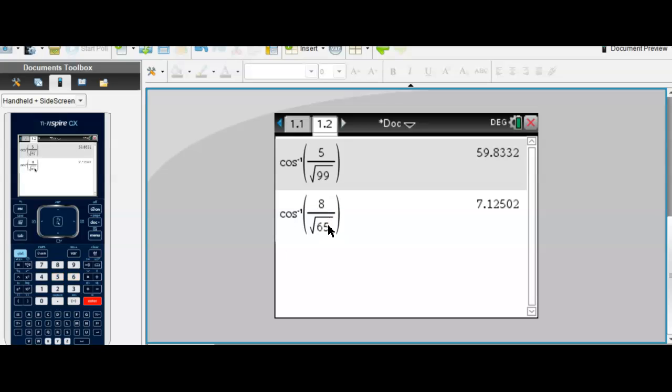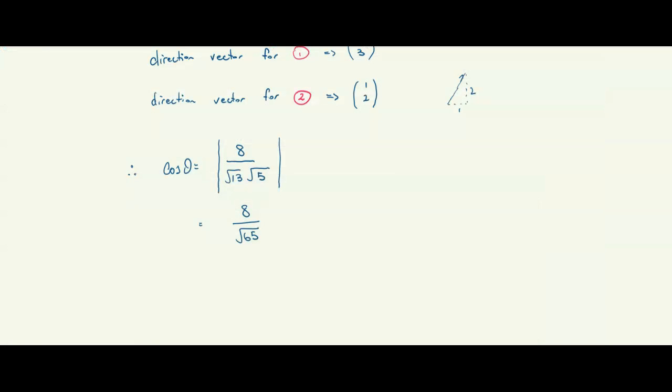And hit enter, and I get 7.13 degrees. So that's 7.13 degrees, and that's 3 significant figures. Okay, excellent. Exercise 11N is your practice questions. Cheers.